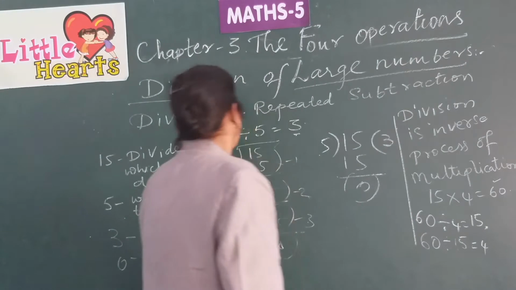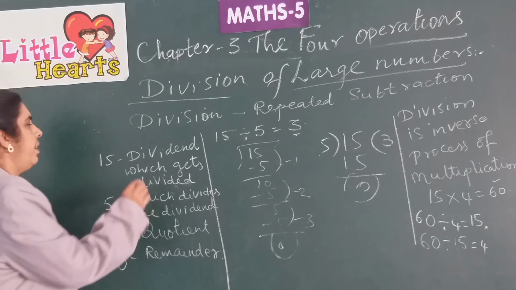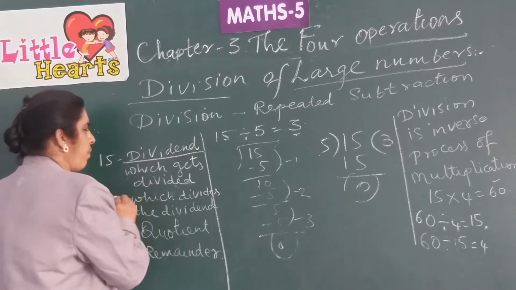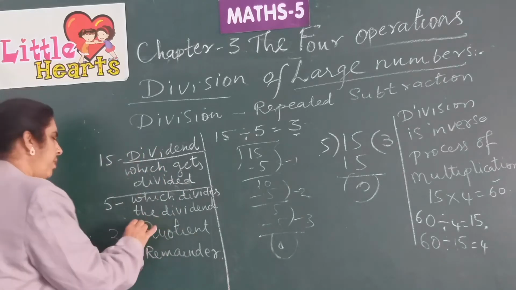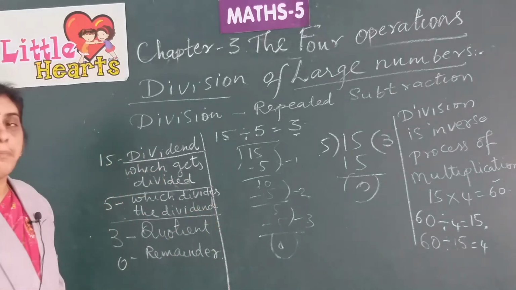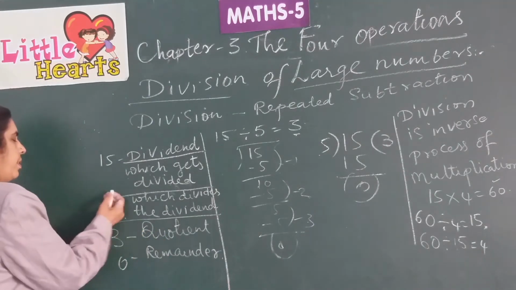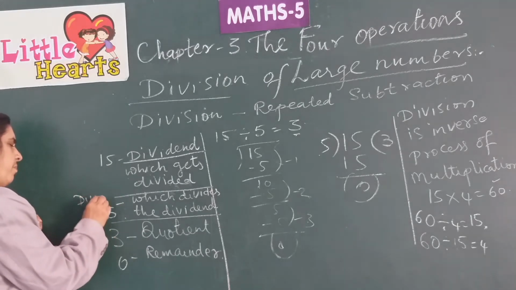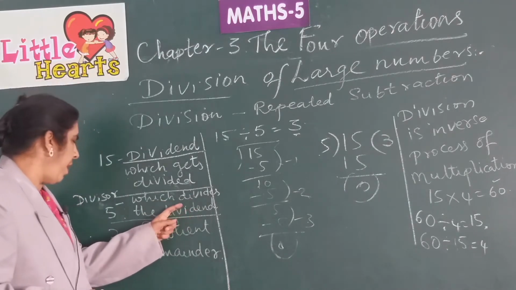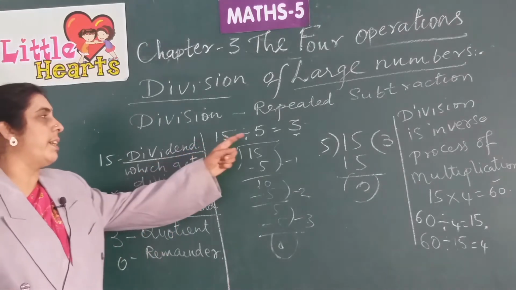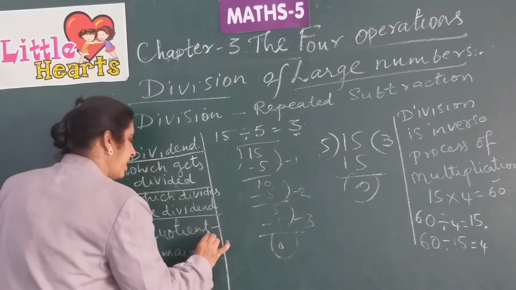In division, the main terms you need to learn are these. The number which gets divided is the dividend. The number by which we divide the dividend is called the divisor. The answer we get after division is called the quotient.